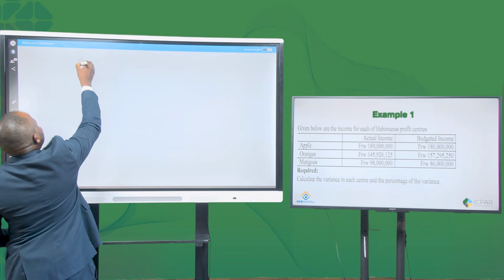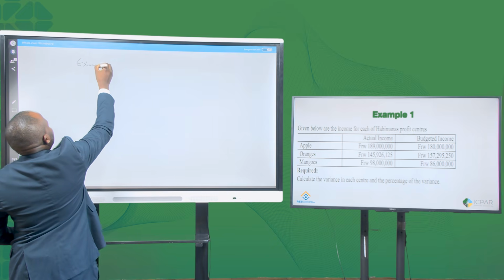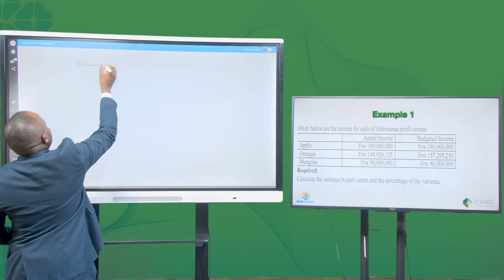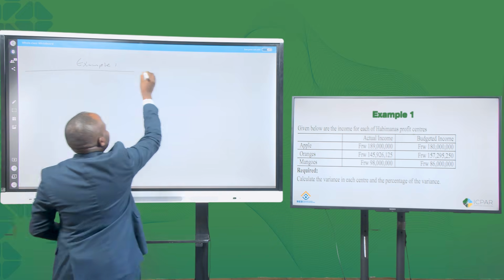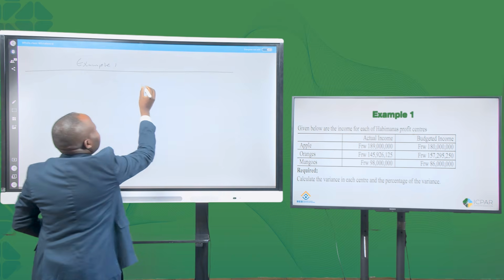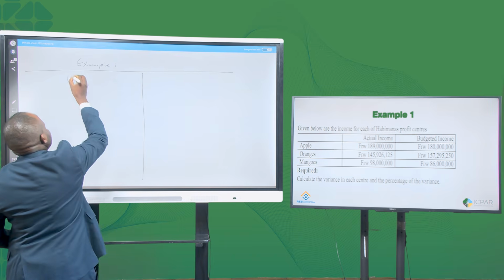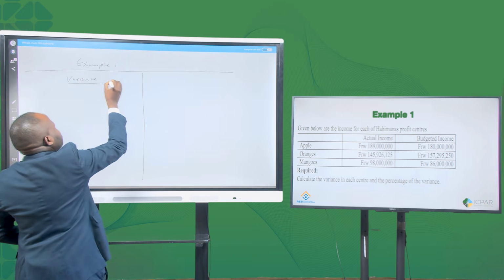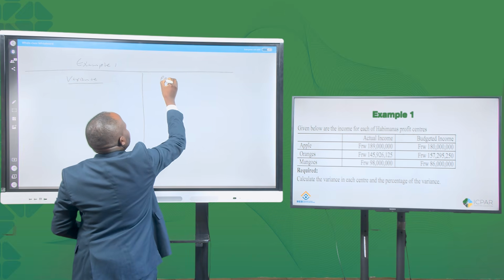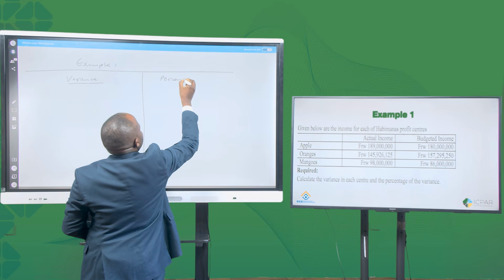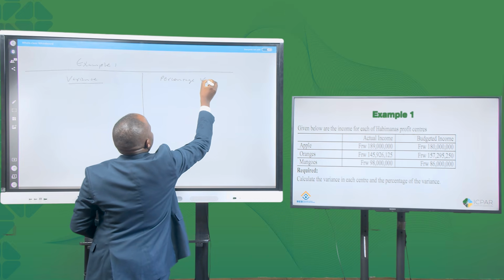So in example 1, you are asked for two items. Number 1, you are asked for variance, and number 2, you are asked for percentage of the variance.